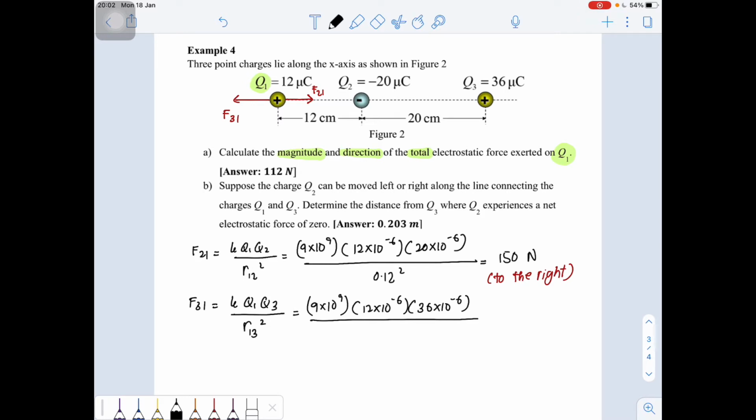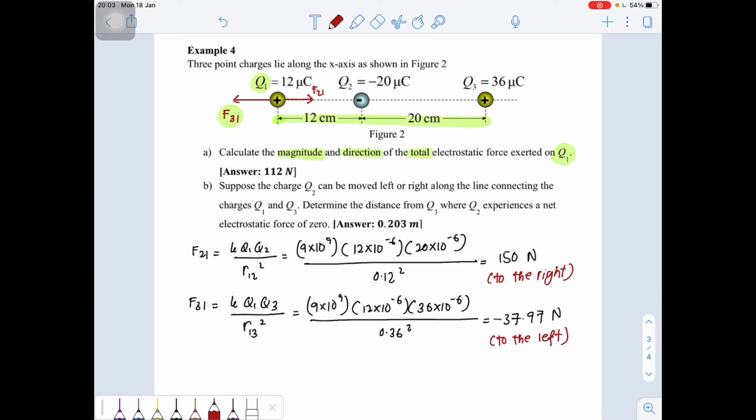The distance here is from here to here, so 12 plus 20 will be 32 centimeter. Convert to meter then square, and then you will get 37.97 Newton. And this F31 is going to the left, so it will be negative.